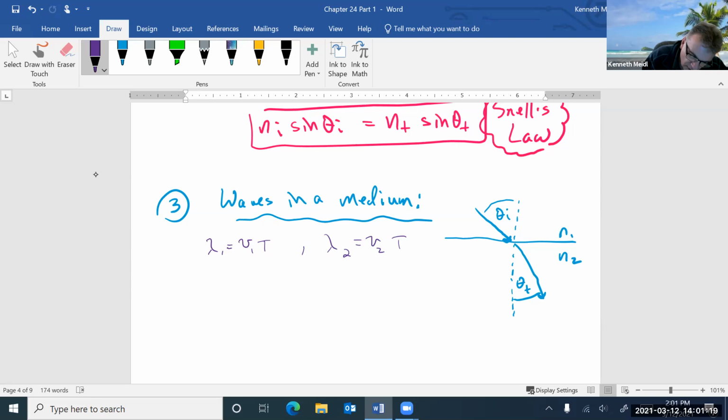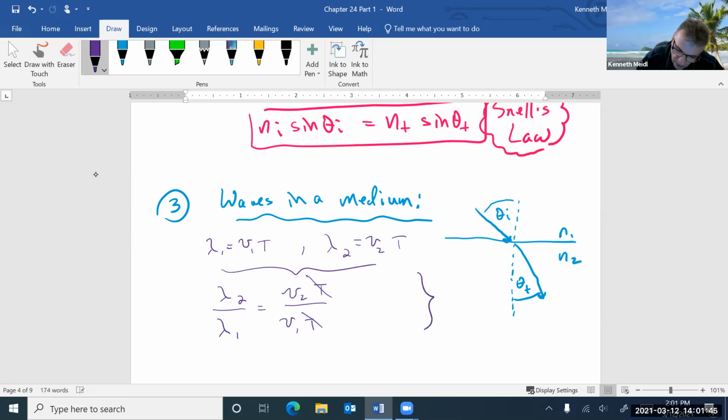And I think what I'm going to do here is form this ratio to see how the wavelength in one material compares to the wavelength in another material. In the new material, it looks something like that, and in the original material, it looked like this. But those T's are the same number, so those cancel out.